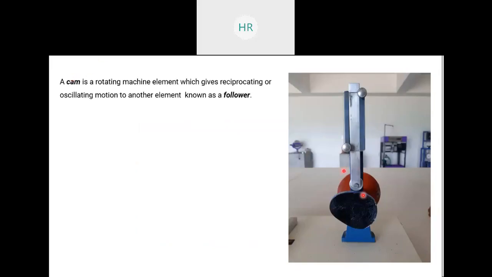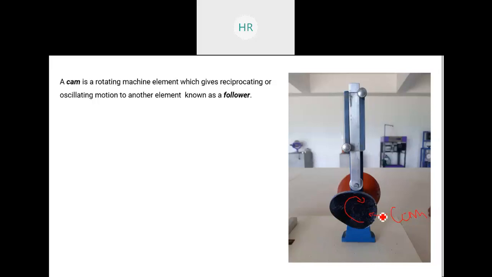Cam is a rotating machine element which gives reciprocating or oscillating motion to another element known as follower. So in this figure shown on the right hand side, this black color element is cam, which rotates.